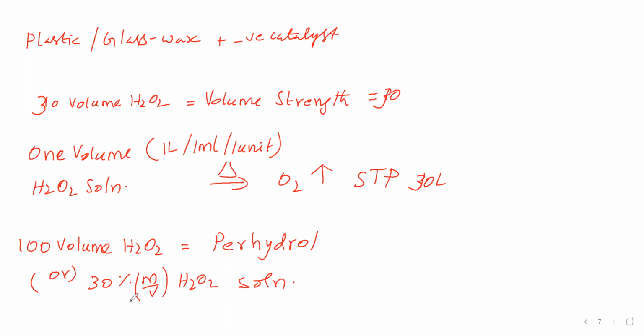What is the meaning of this? 100 ml of this solution contains 30 grams of H2O2. That is the meaning. This solution, you take 1 liter and heat it, you will get oxygen gas. How much oxygen gas will you get? 100 liters at STP. That is the meaning of perhydrol, we can say.